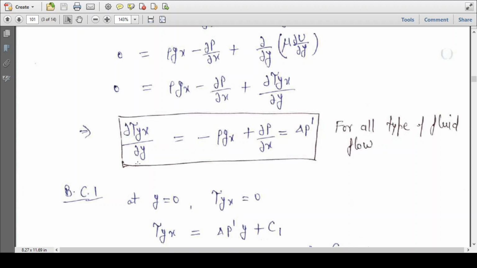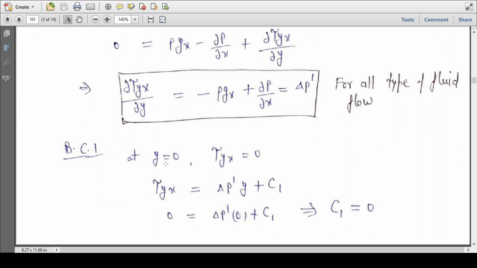Now this partial derivative can be converted to the total derivative, because shear stress is changing with respect to the y coordinate only, and this equation is valid for all types of fluid: Newtonian, non-Newtonian, polymeric. The only thing you have to do is put in the correct expression of shear stress.